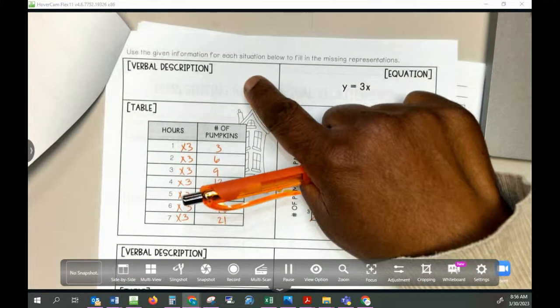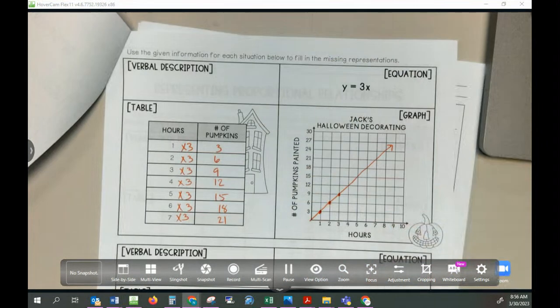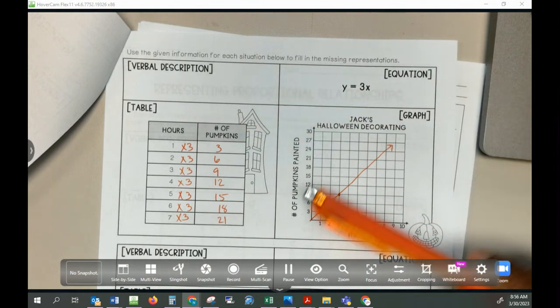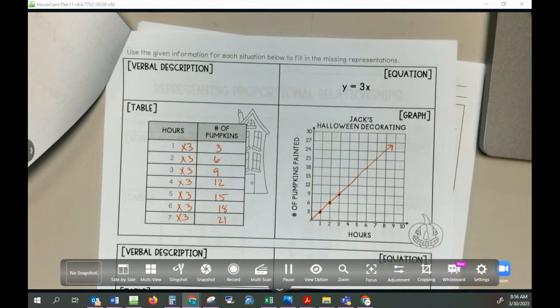Can someone come up with what we can say is a verbal description of what's happening here? Yes, Jordan. Okay, but we need a scenario. So we need a verbal description of what does this mean? What's happening?